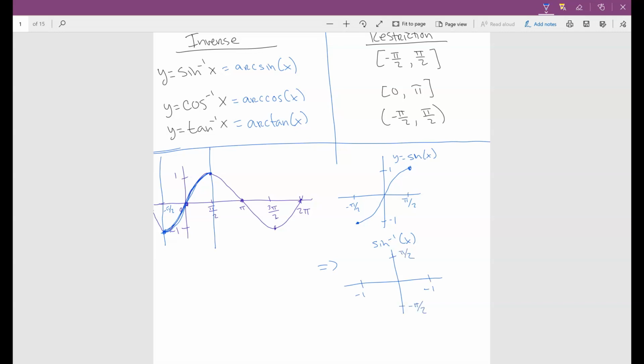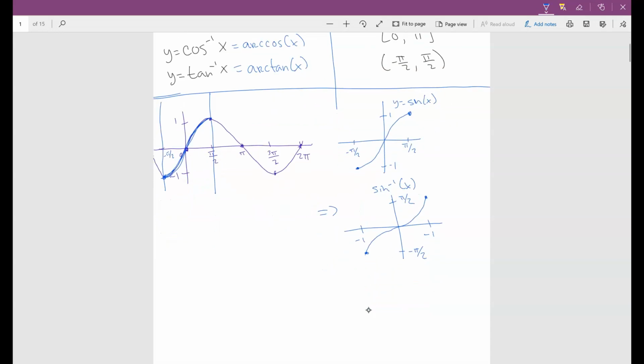You can see that all of them just swapped places. They're going to have the same exact points, but now it's going to look a little different, more like this. It's a little flatter though. This will be the graph of the sine inverse.